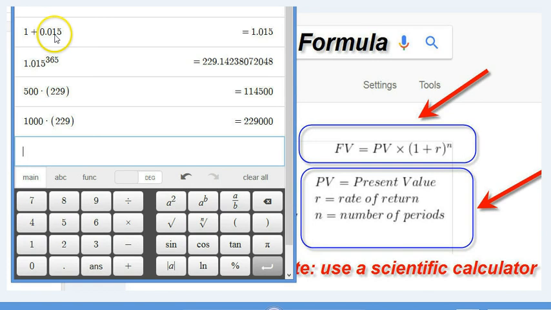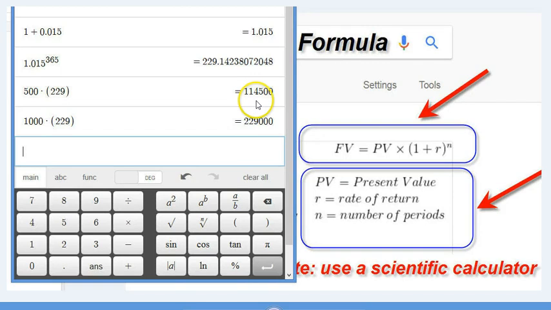If you average 1.5% per day and compound that over 365 days, your multiplier, this value right here, is going to be 229. Look at that. You multiply that by 500, say you start with 500 on day one and don't add any penny, you're going to be at over 100,000 after 365 days.